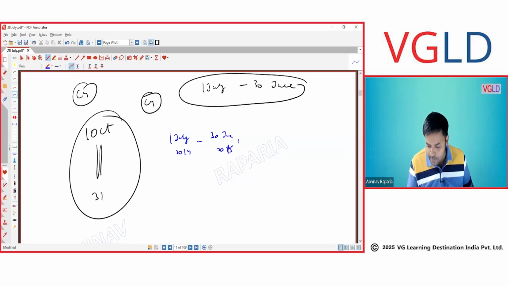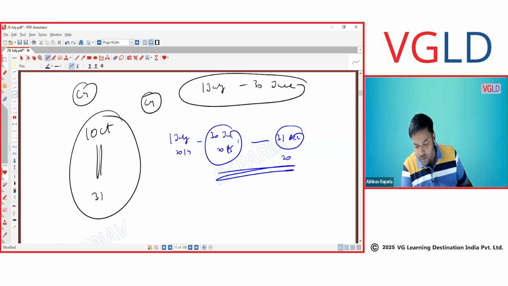So there would be one year from here to 31st of December. This is going to be a short tax year. So three scenarios: when you start the business, when you're shutting down the business, and third, when you're switching the method.